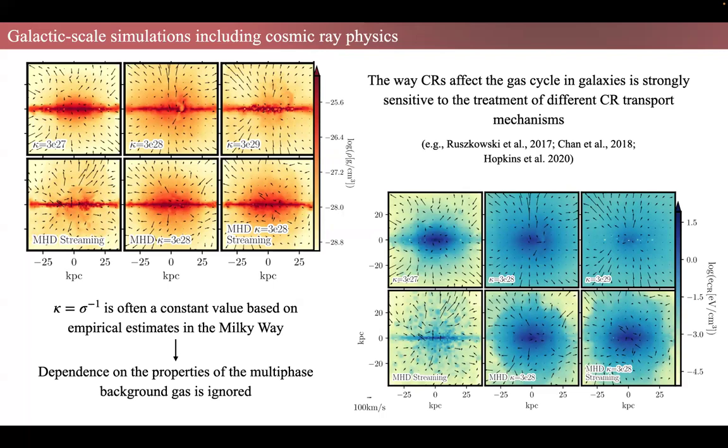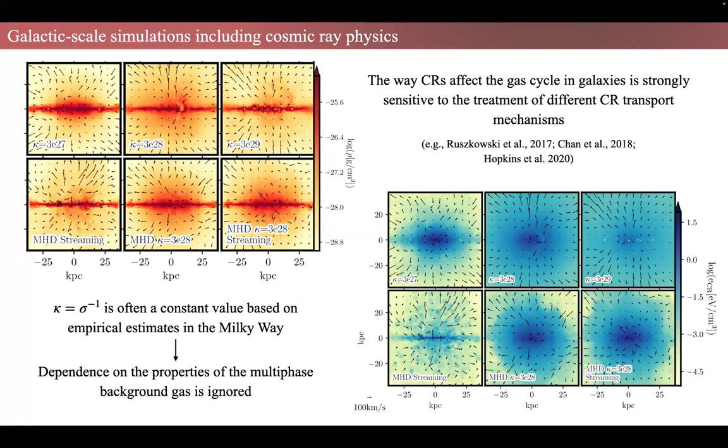Now, to give you an idea, these two plots show the gas density distribution in the top left and cosmic ray energy density distribution in the bottom right of a Milky Way-like galaxy as predicted by 6 different simulations with different prescriptions for cosmic ray transport.